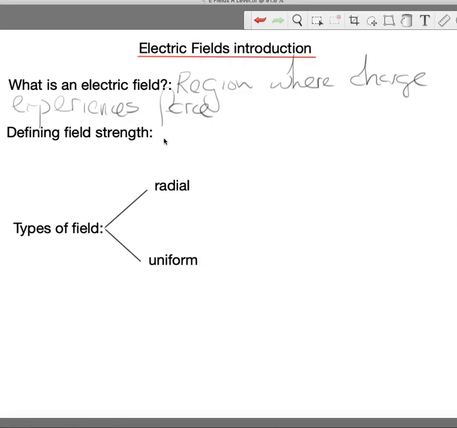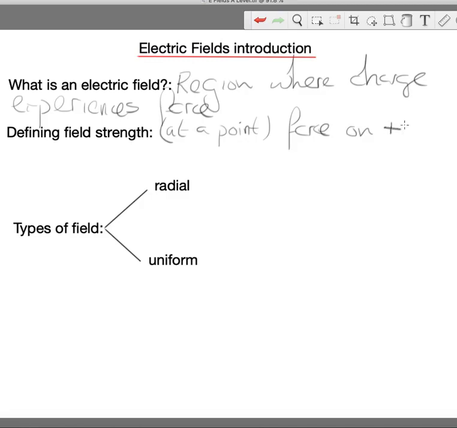So field strength. If you've done gravitational fields, you'll remember that the gravitational field strength at a point in the field is the force on 1 kilogram placed at that point. The field strength is the force on, well, we said 1 kilogram for gravitational fields. We have to define the sign of the charge here.